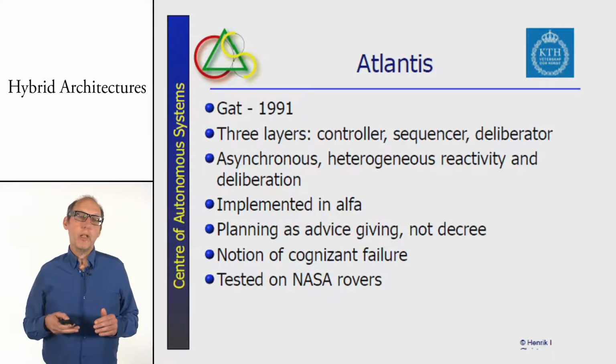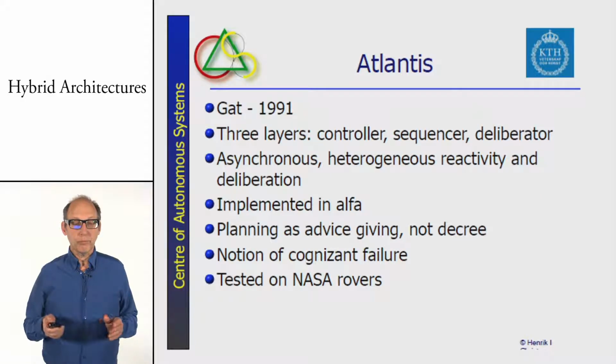What you see here is that planning is not seen as a configurator of which behaviors are active, but more as a virtual sensor that gives advice on where to go next.